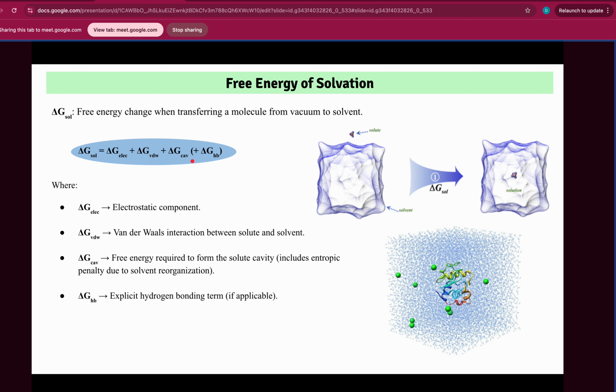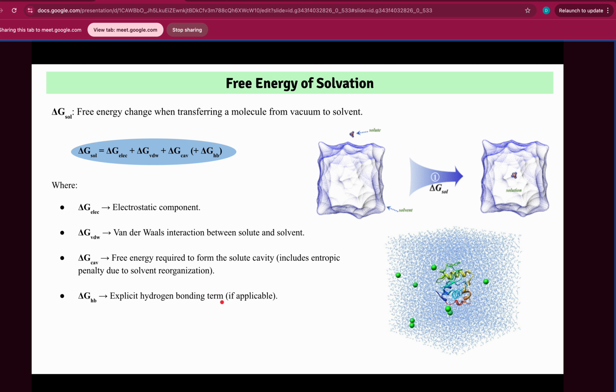Then delta G cav, which is the free energy required to form a solute cavity, which includes the entropic penalty due to solvent reorganization. After adding the solvent, there might be some reorganization, because the protein will tend to make interactions with the water molecules. And then there is delta G HB, which is the explicit hydrogen bonding term.